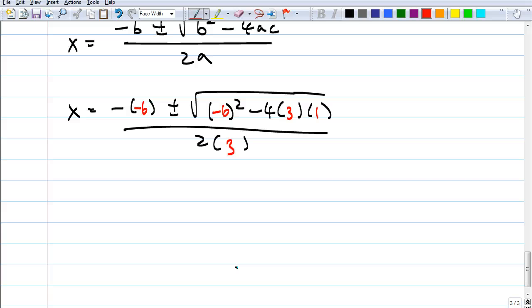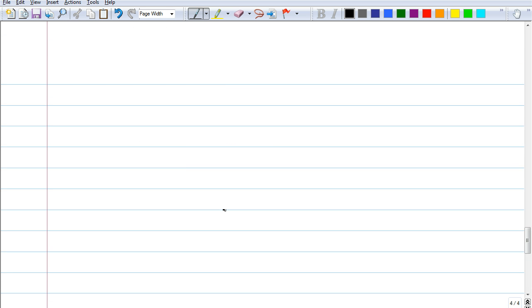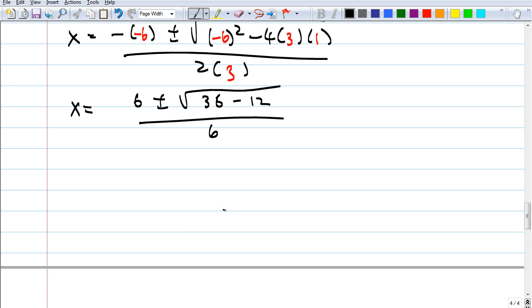Tell me what to write. X equals 6 plus or minus the square root of 36 minus 12, all over 6. Yes? Okay.